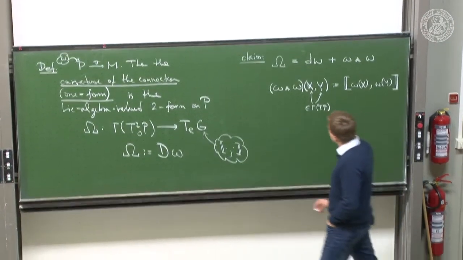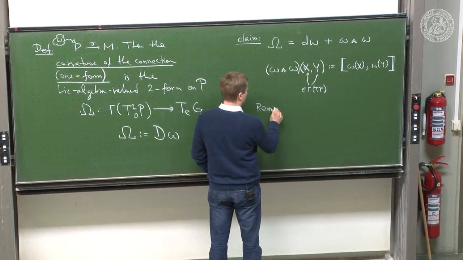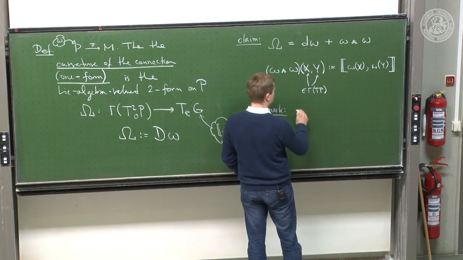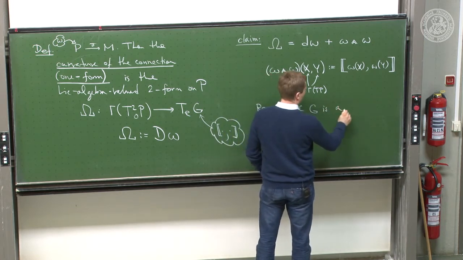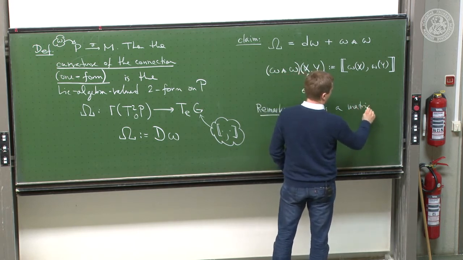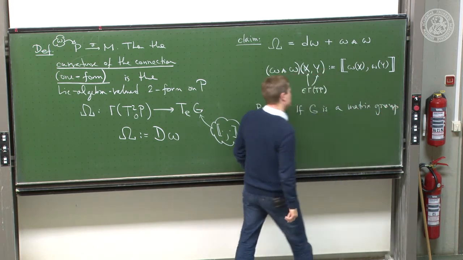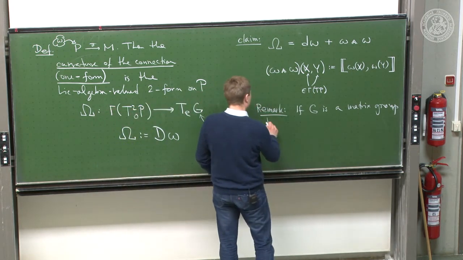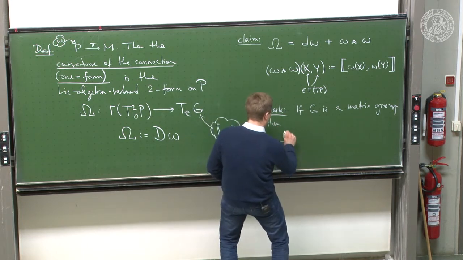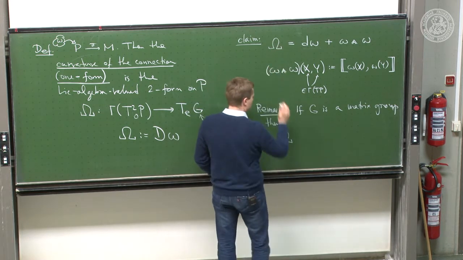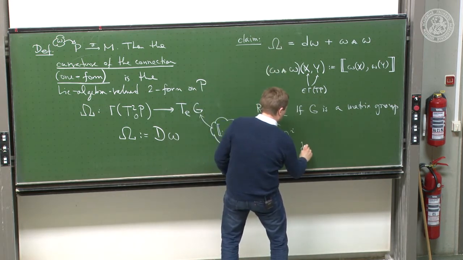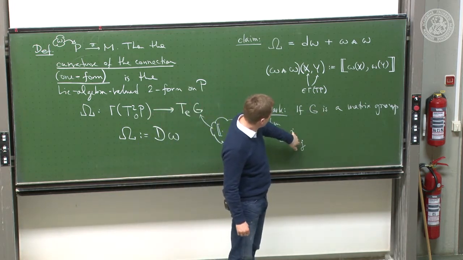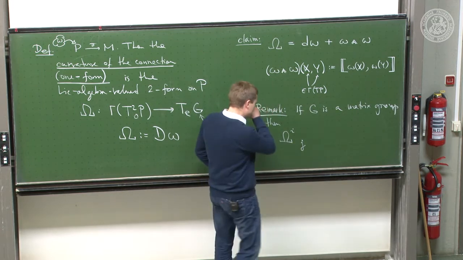Well, maybe one remark I could make here. Namely, if the group is a matrix group, and hence the Lie algebra is represented by matrices of the same size, then we can, of course, write the Lie algebra valued character here by providing indices ij, because these are the indices of the Lie algebra row and column, okay?